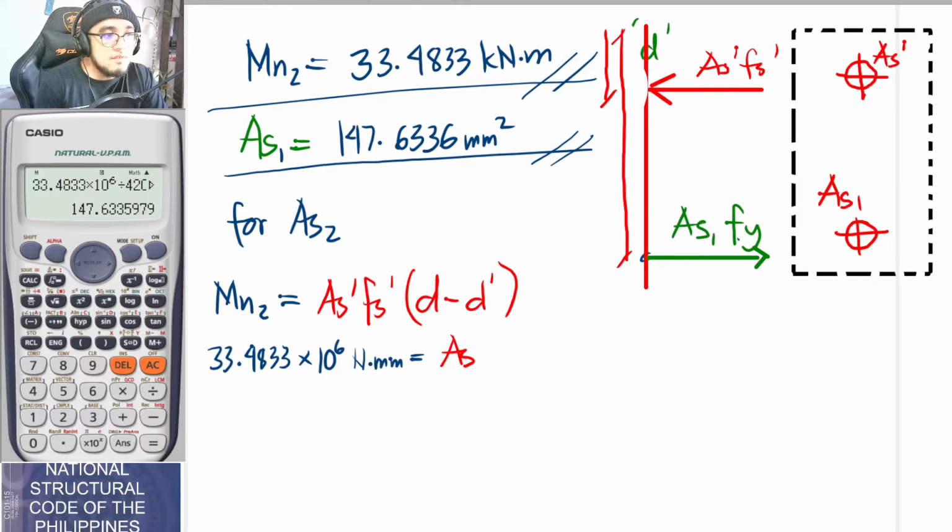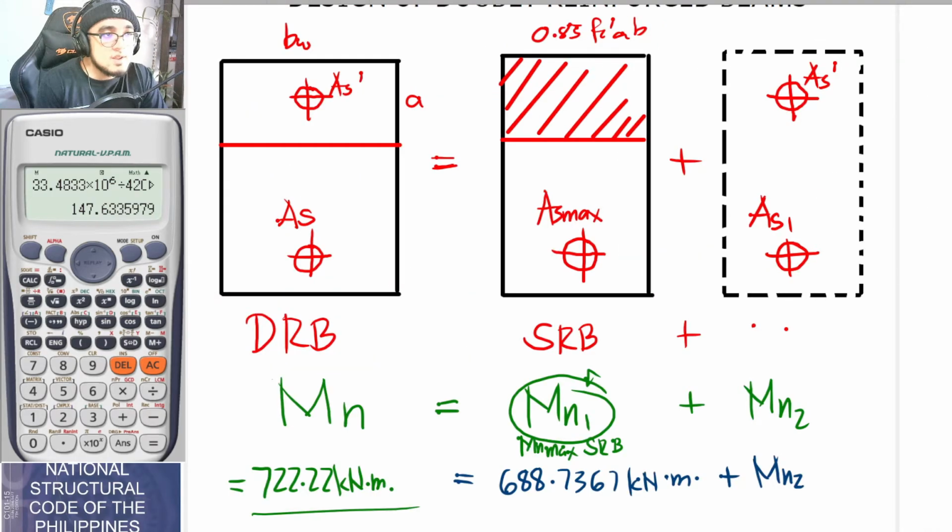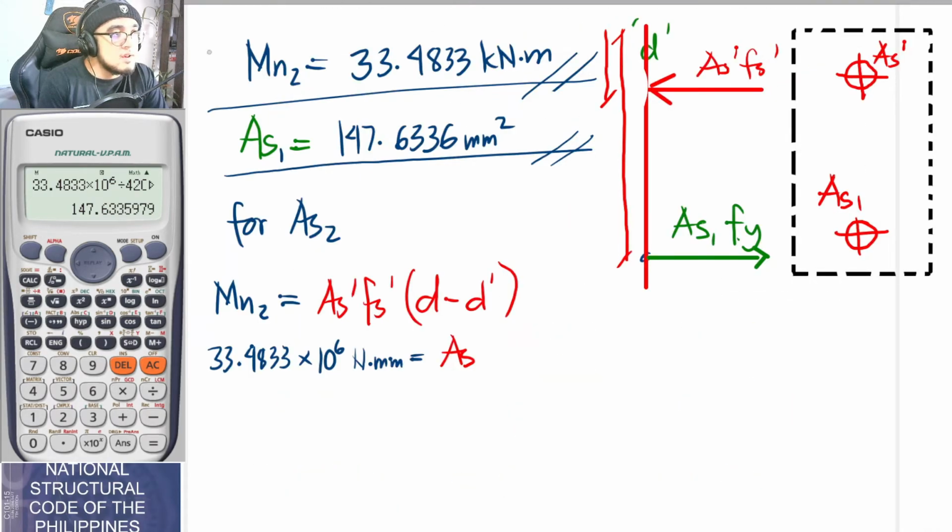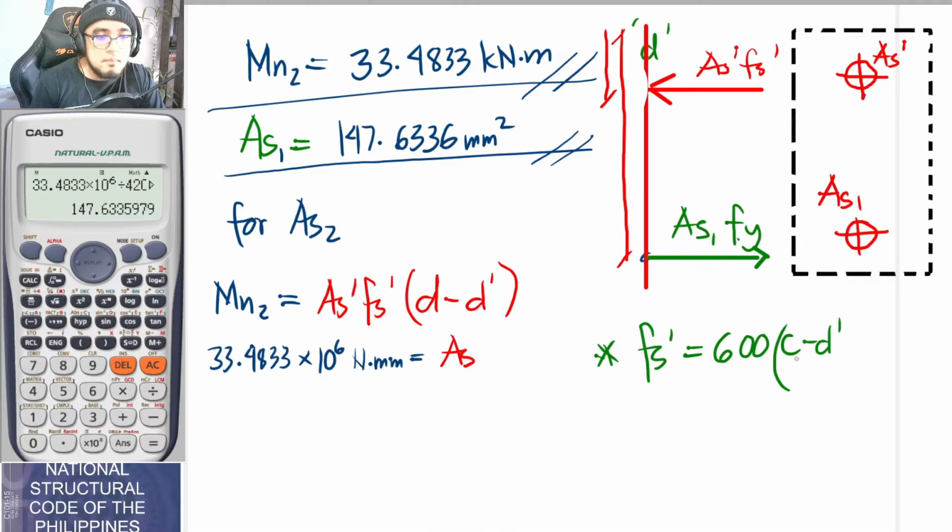So for your Fs prime, we can solve for it using 600 times c minus d prime divided by c. This equation was already derived in the previous video.